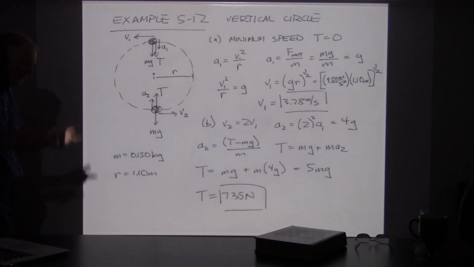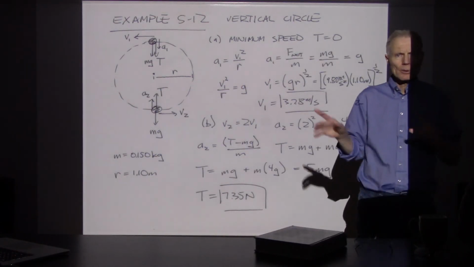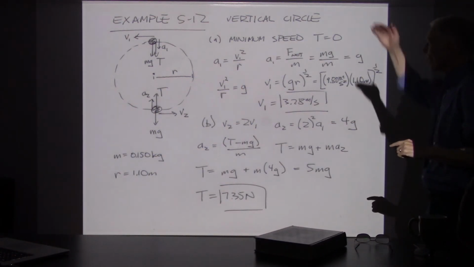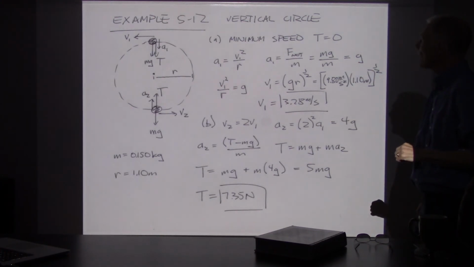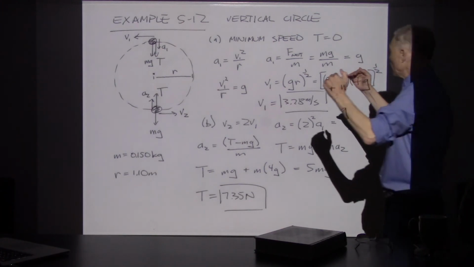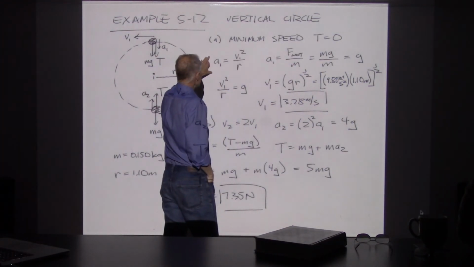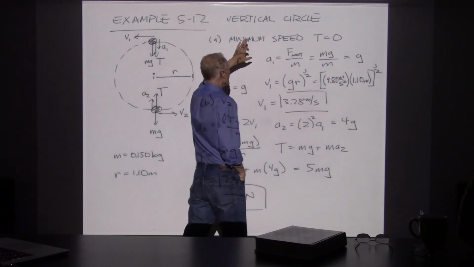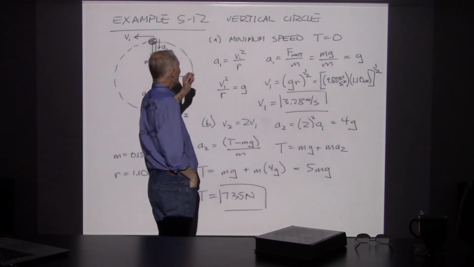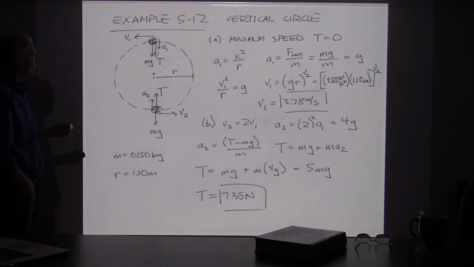So we've identified the forces, we've got their directions set up on these two force diagrams, one at the top, one at the bottom, and let's write down, so here is the minimum speed, let's write down our formulas. Now, what condition would let us know that we have reached minimum speed?